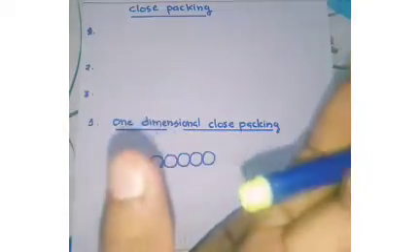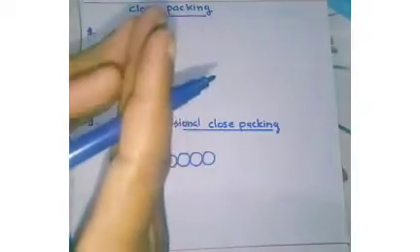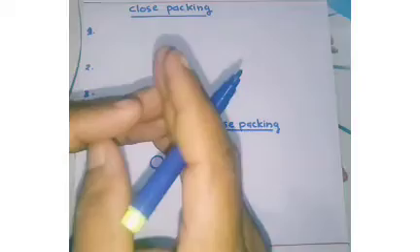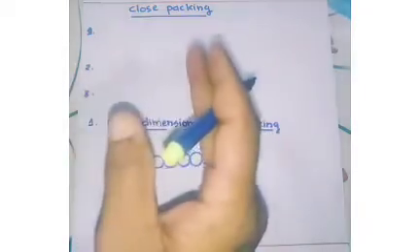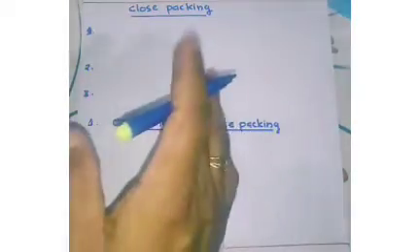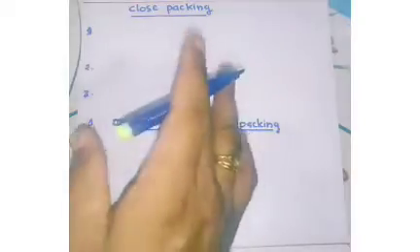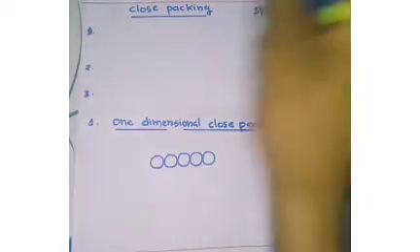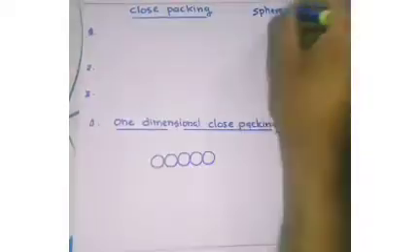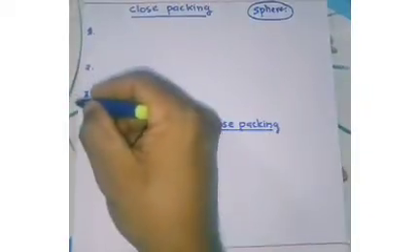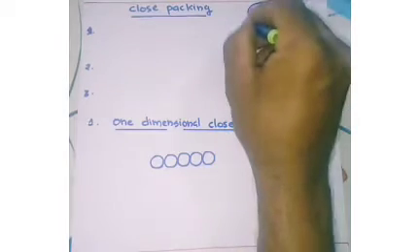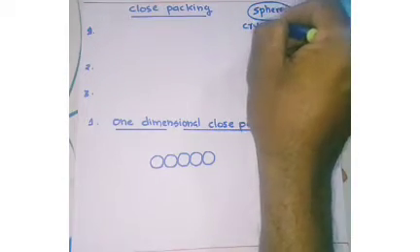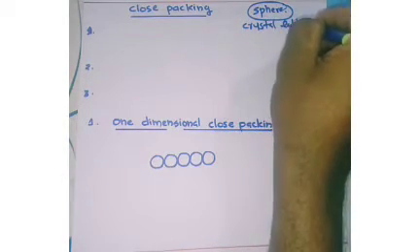That means in solid molecules are closely packed, so the vacant space is minimum. Here we consider the constituent particles as identical spheres. So the arrangement of spheres in a crystal lattice is called close packing.